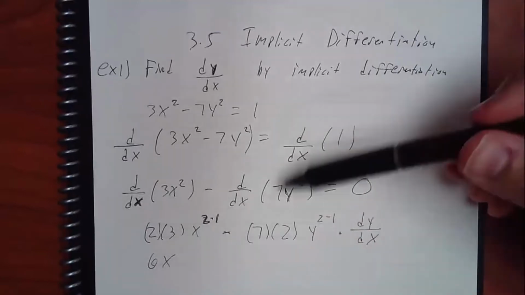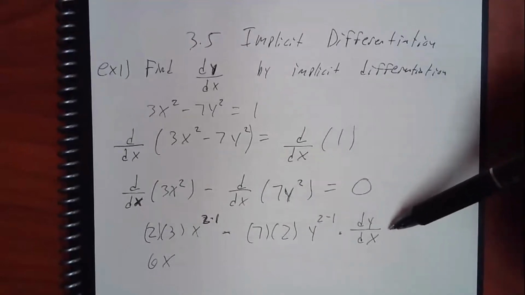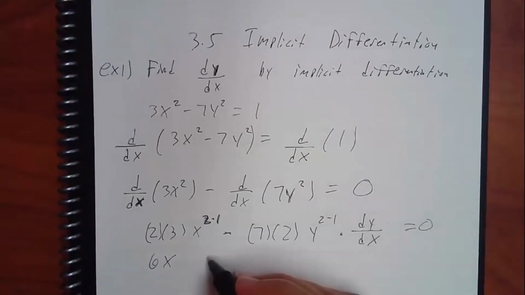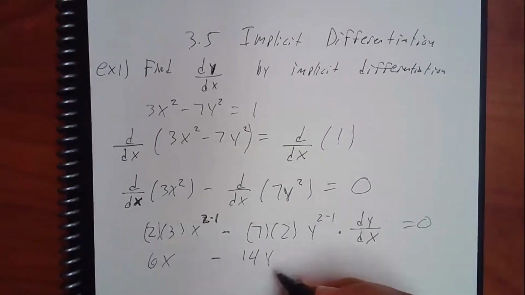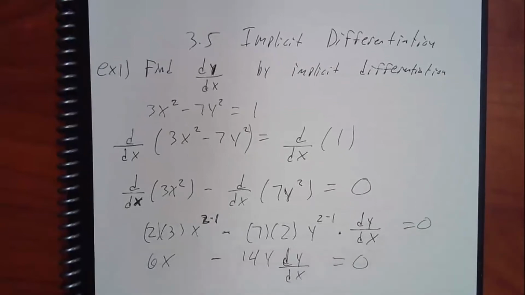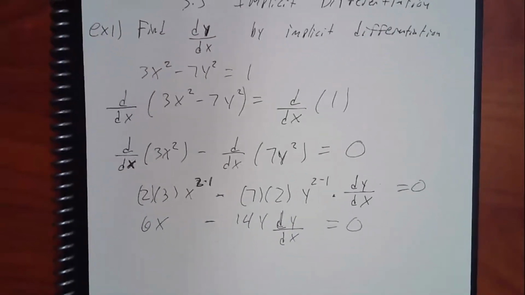So if you do a variable that doesn't match, tack on this chain rule, dy dx. Does that make sense? So the implicit derivative is done.